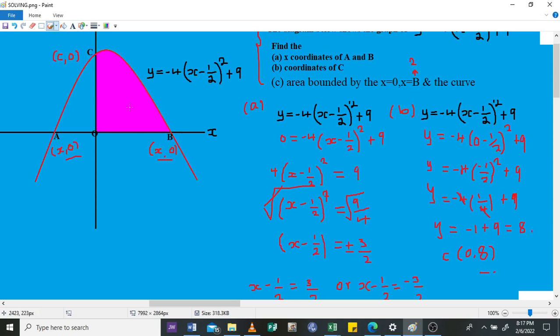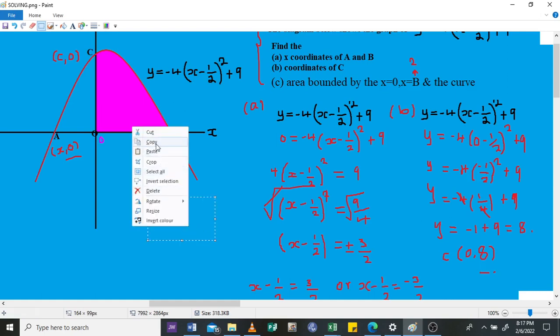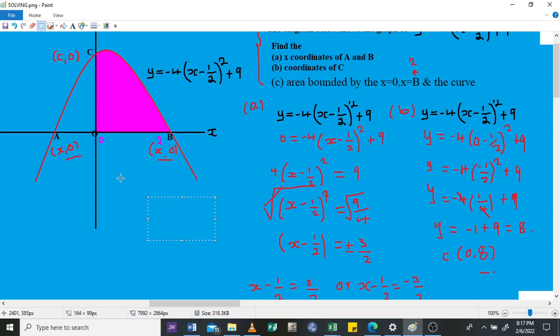Here we have found x to be 2, and here is 0, and we have the curve there. So we are just going to integrate our curve with respect to x.